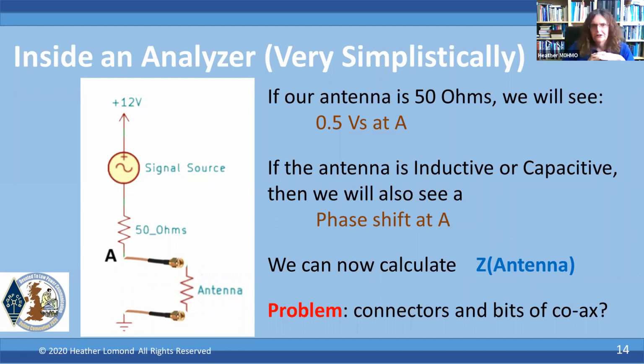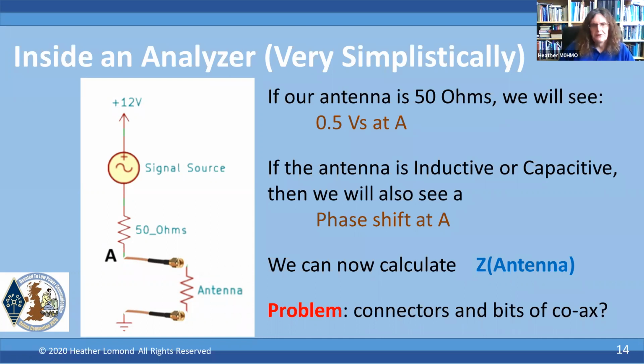If you've got a perfect match, then it's just a 50 ohm voltage divider, and you get half of the signal voltage at A. If it's a capacitive or inductive, you will also see a phase shift at A relative to the signal source at the top of the 50 ohm.